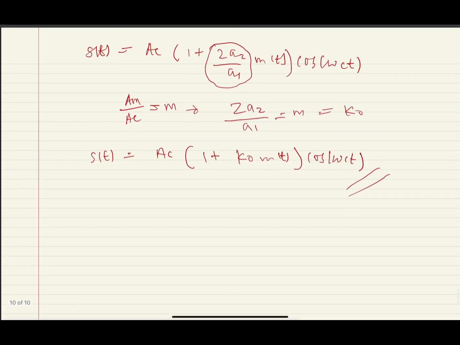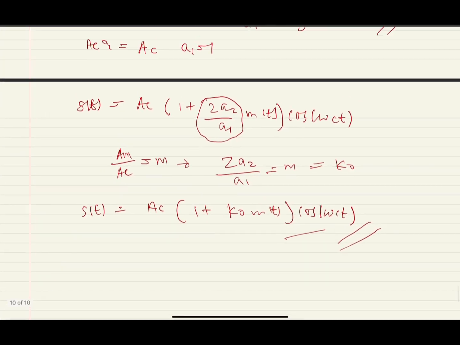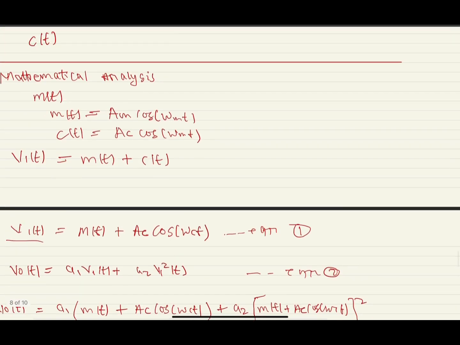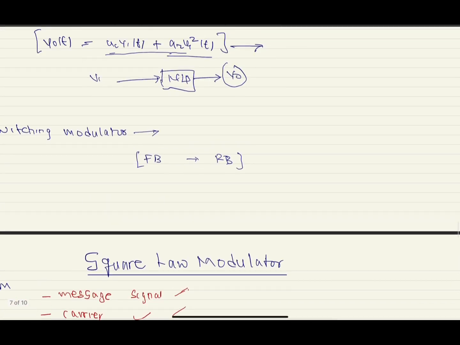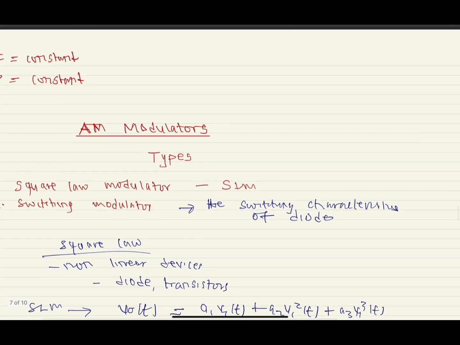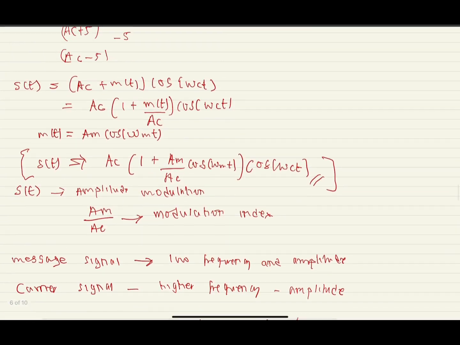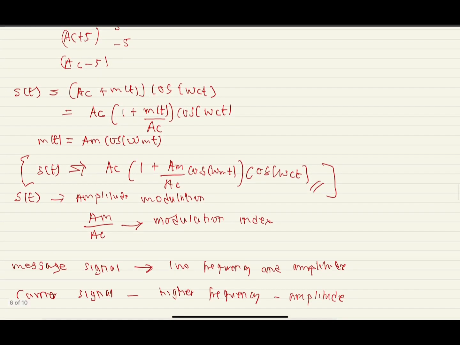So this is basically the overall expression of the AM wave signal. Looking at the equation that we were dealing with the other time, this is equal to AC into bracket 1 plus AM over AC cos omega mt, and then cos omega ct. This is the main equation, and you can see that this is the modulation index.